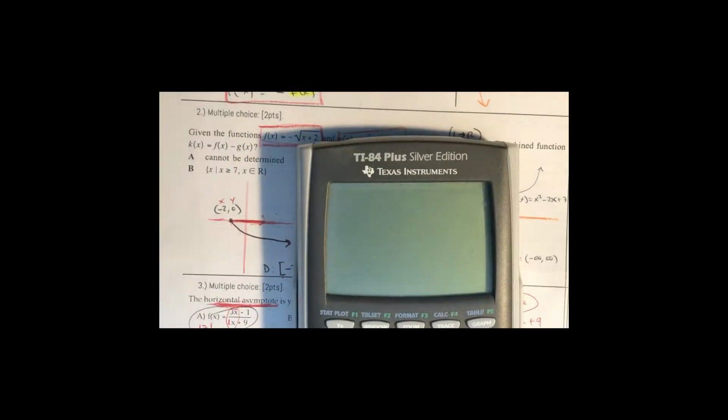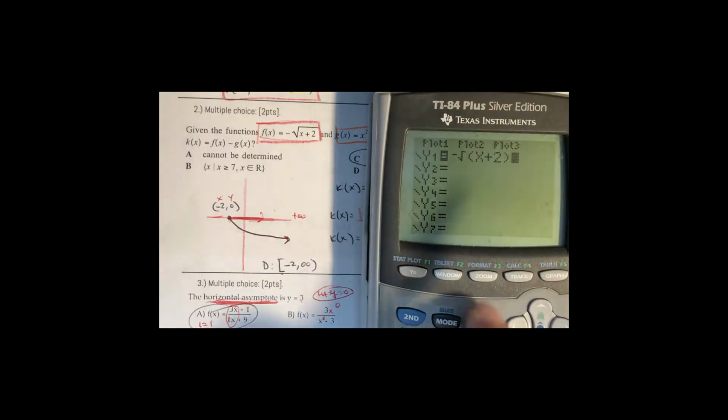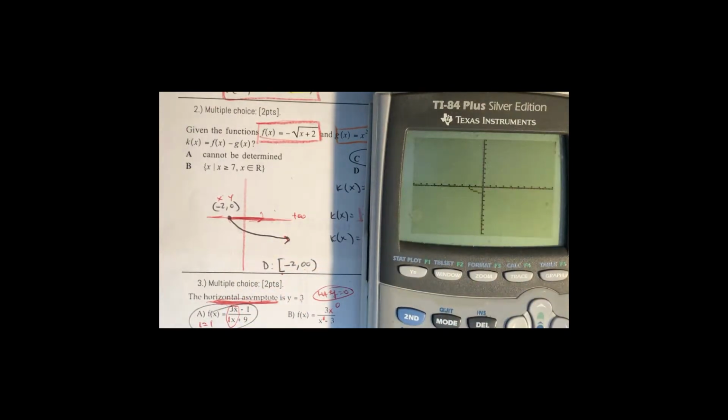And if you put that in your calculator, the square root button is down here by x squared, so it would be negative, not subtracting, second square root of x plus 2. And I'm going to close my parentheses, and then zoom 6. And there's my graph, and then you can do like second calculate.